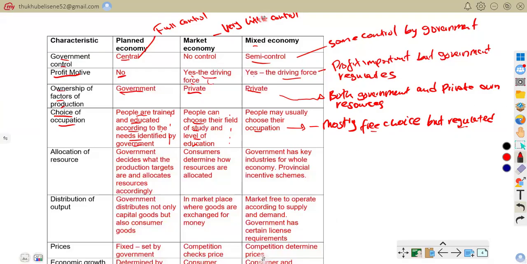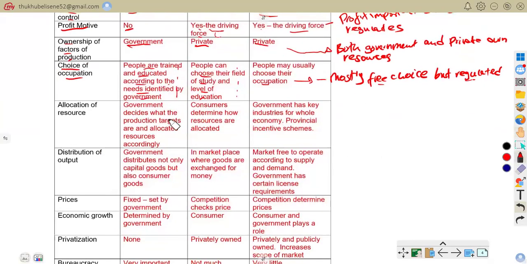So now let's come to the allocation of resources. Under planned economy, government decides the production targets and allocates resources accordingly. In short, government decides where resources go. But under market, consumers determine how resources are allocated.